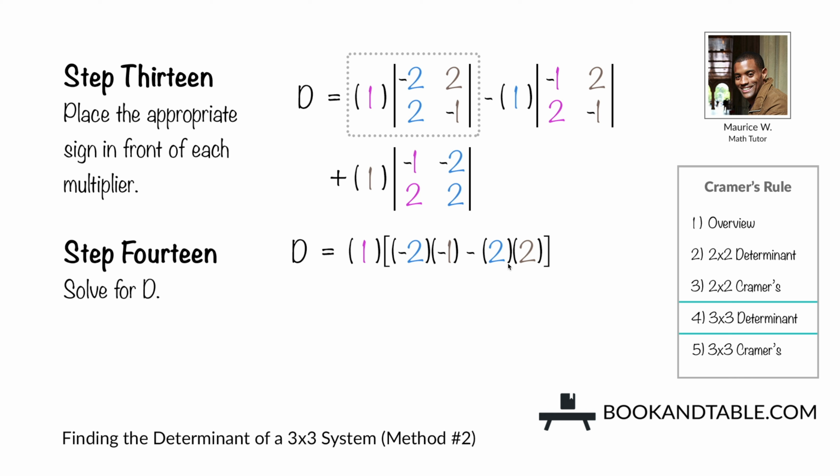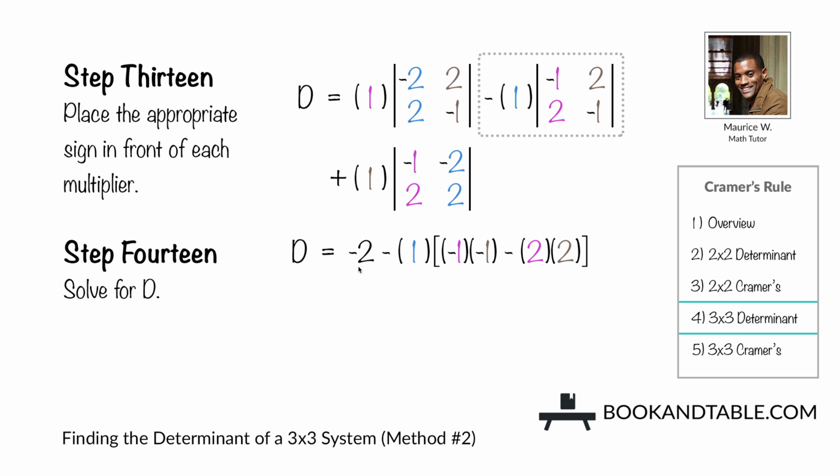And now we evaluate this expression. So starting inside, we have negative 2 times negative 1, which would be positive 2, minus 2 times 2, which would be 4. 2 minus 4 is negative 2. And 1 times negative 2 is negative 2. So our first 2 by 2 is equivalent to negative 2.